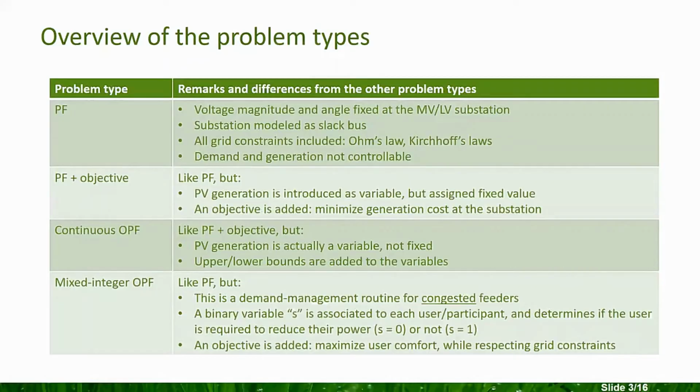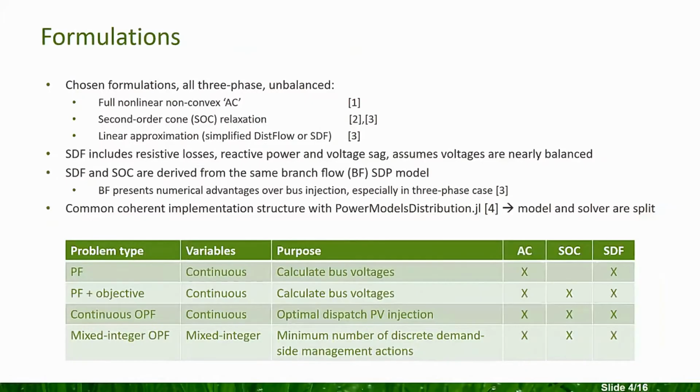Finally, the mixed integer OPF is an example of a demand management routine for congested feeders, where a binary variable is associated to a number of users and determines whether the users are required to reduce their power or not. The objective here is to maximize the user comfort while respecting all grid constraints. I don't have the time now to go through the details of this problem, but you can either see them in the paper or we can discuss them later.